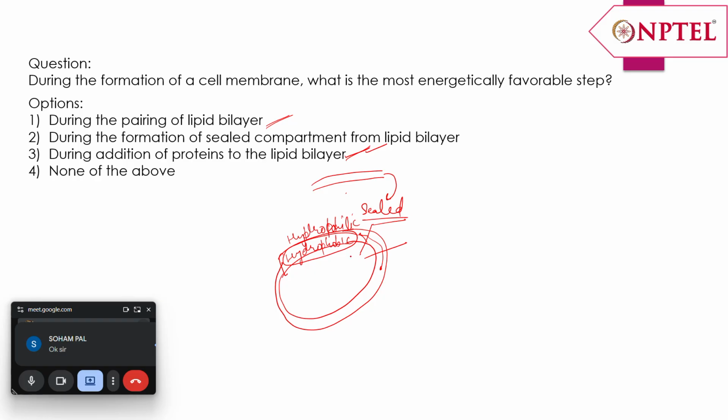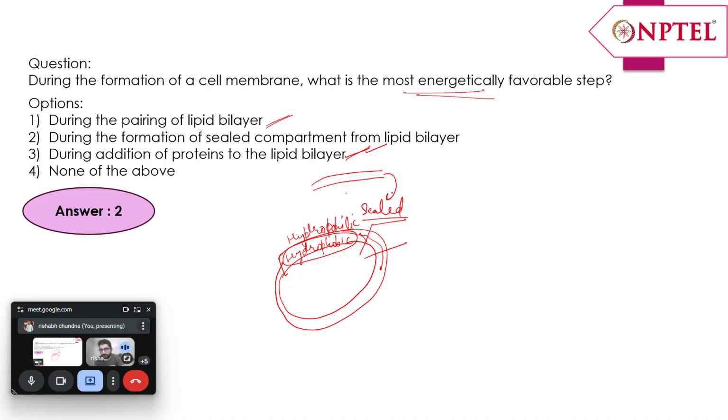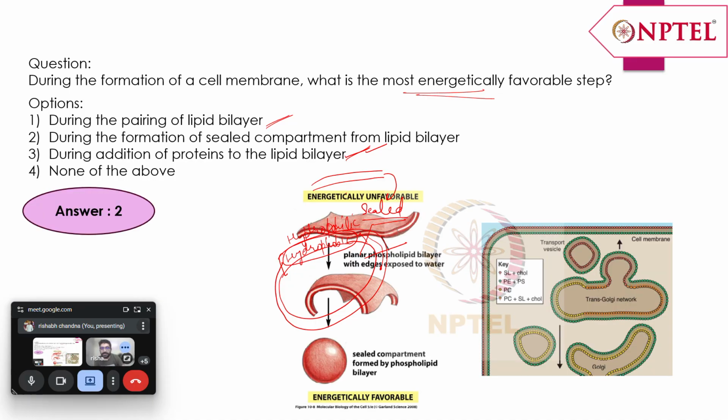What will happen if we have to find out the most energetically favorable step in case of the plasma membrane formation? Then the correct answer is option 2 basically, and here is the explanation. This is a lipid bilayer.